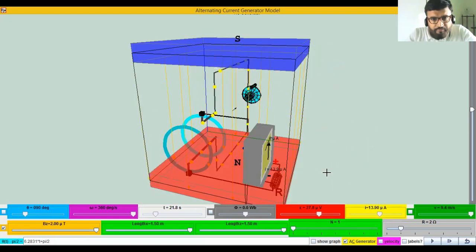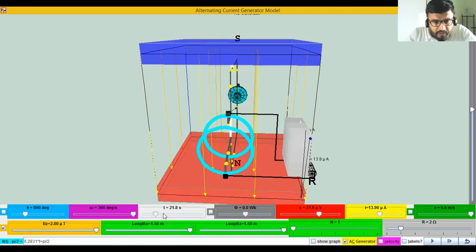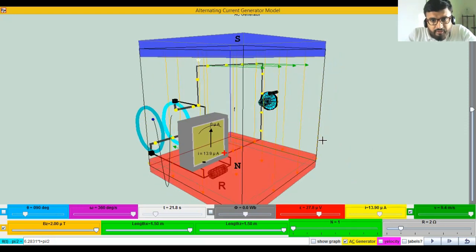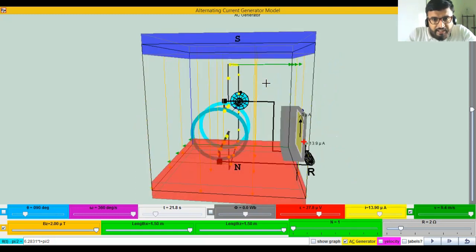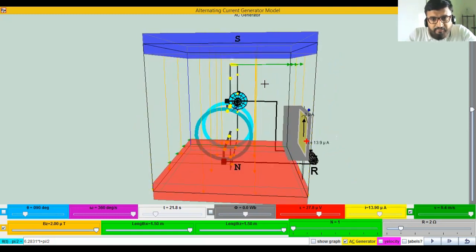So I am pausing it for a while and making it at this position. Now I am checking this velocity vector. As you can observe, the velocity of the coil is making 90 degrees with the lines of magnetic field.